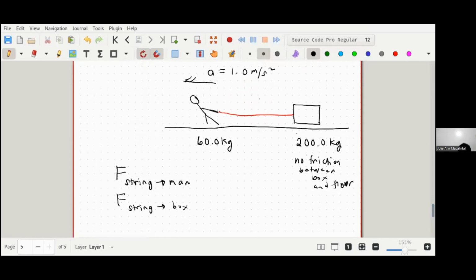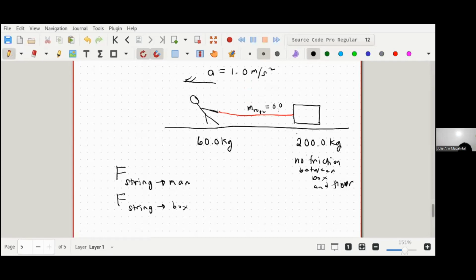So, and then yung string or yung rope, yung mass ng rope is, sige, 10 grams na natin.